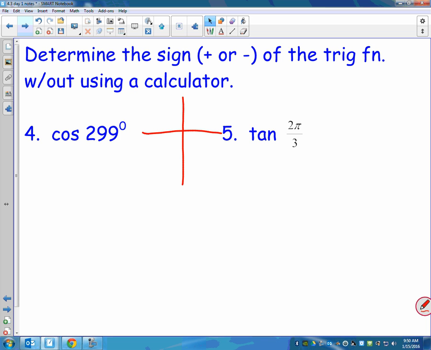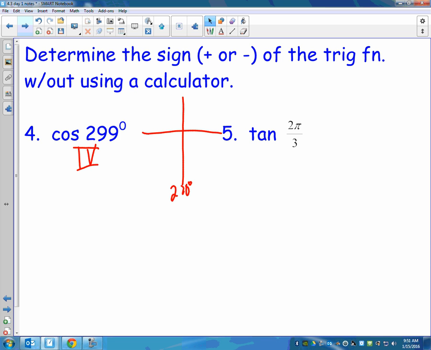So step 1, 299 degrees. What quadrant is that? Quadrant 4, right? Because this is 270 degrees. So this is in quadrant 4. Then you just have to think about what's the ratio for cosine, and is x or y positive or negative depending on what is there. So again, no calculator part of my test.